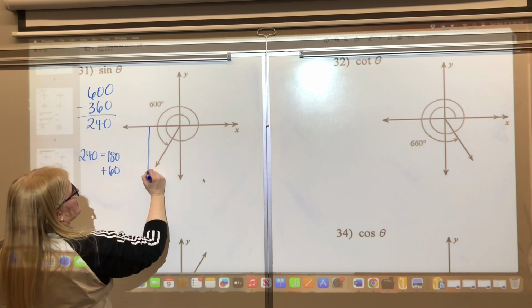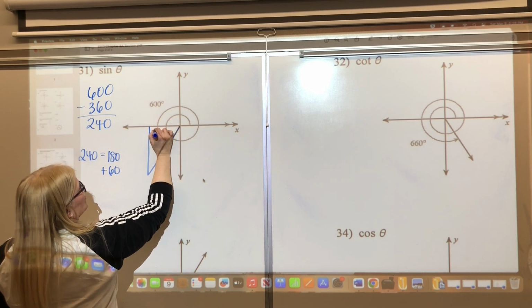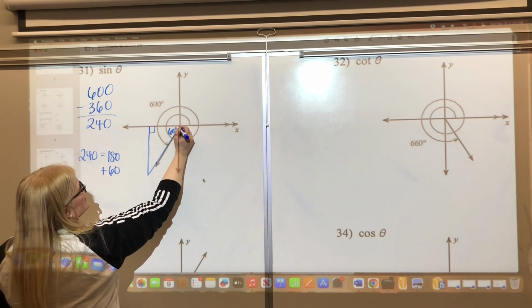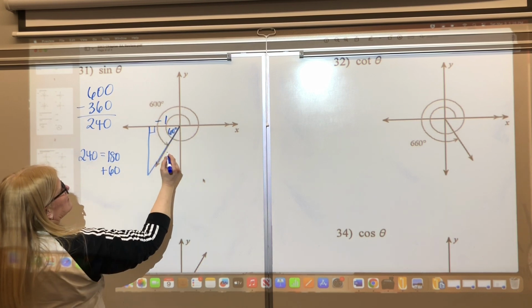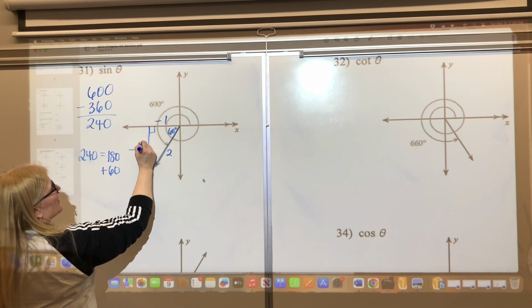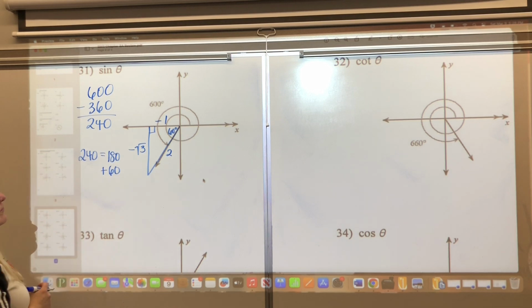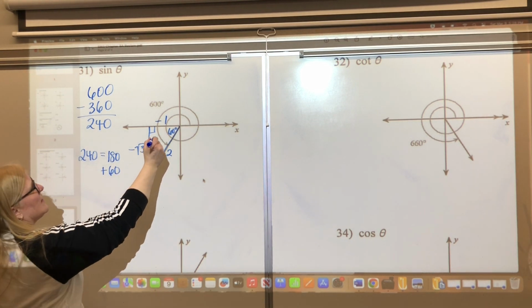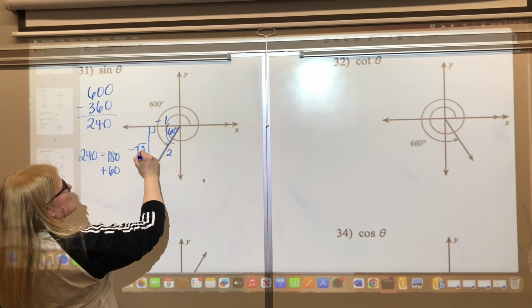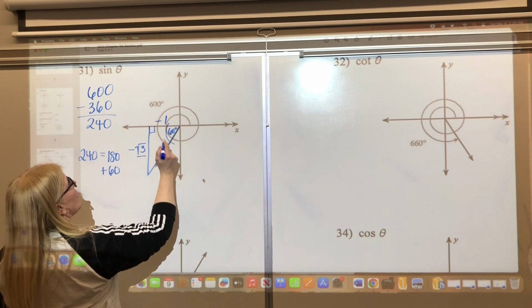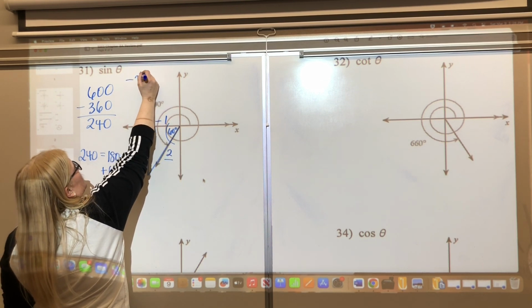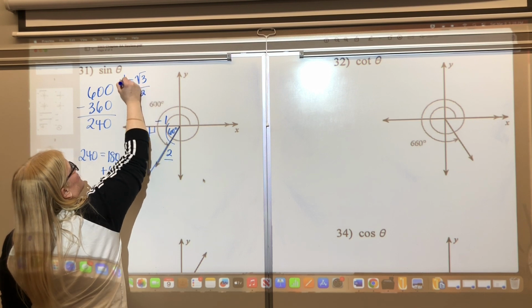So 60 is my reference angle. So I have -1, here's 2, -√3, and they want the sine, so that is the opposite over the hypotenuse. So it's -√3/2.